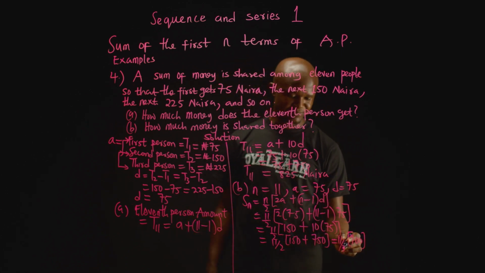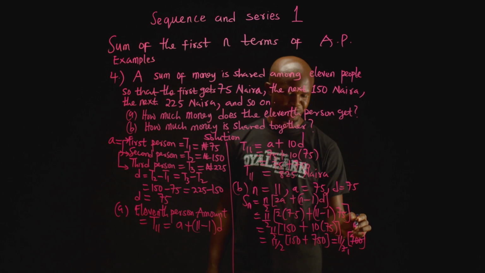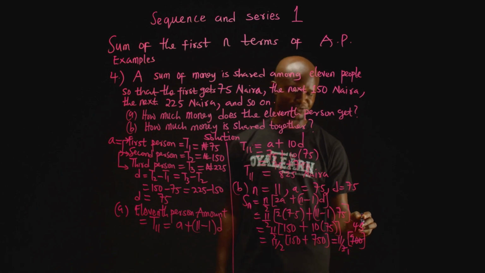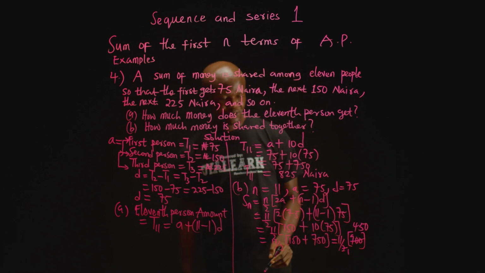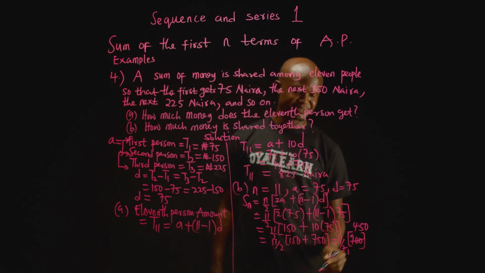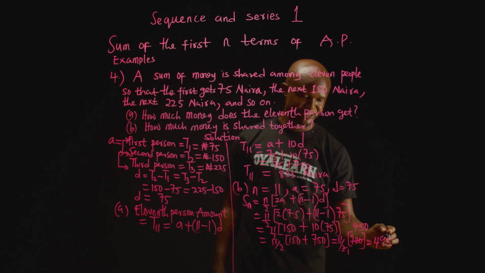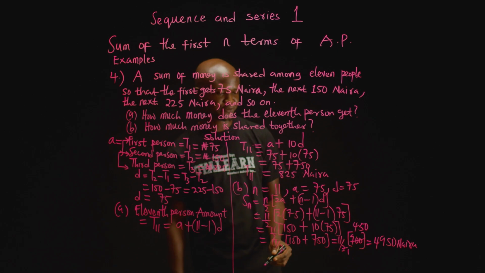And 2 in 900 will give us 450. And 450 times 11 will give us 4,950 naira.